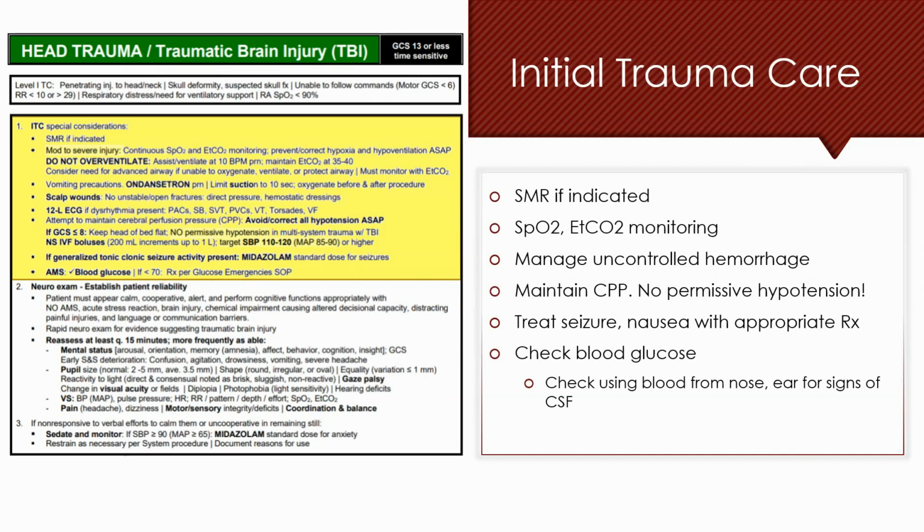Our big focus has to be on maintaining that cerebral perfusion pressure. So the takeaway from that is, even with penetrating abdominal injuries and everything else where we talk about permissive hypotension, if we have a multi-system trauma and a head injury is included in that, there is no permissive hypotension whatsoever. Our target systolic pressure is 110, and it is 110 no matter what.